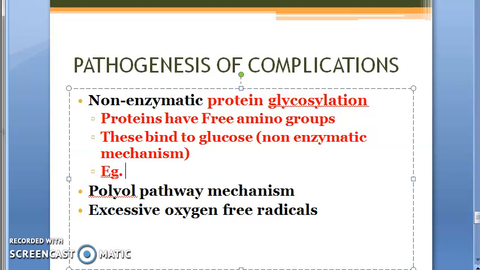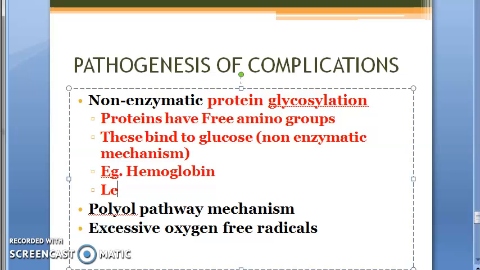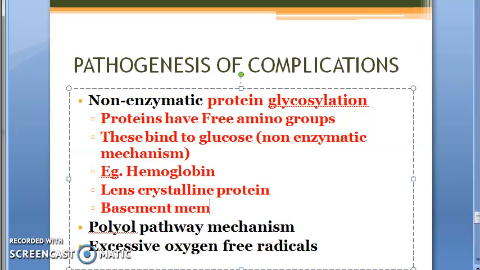Example, hemoglobin will get glycosylated. Then the lens crystalline protein. Where is the lens? In the eye. So these also undergo glycosylation, and even the basement membrane of body cells. So many places. This hemoglobin will go on to become glycosylated hemoglobin, that is nothing but HbA1c.